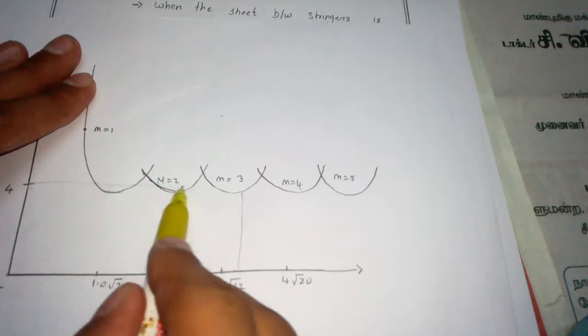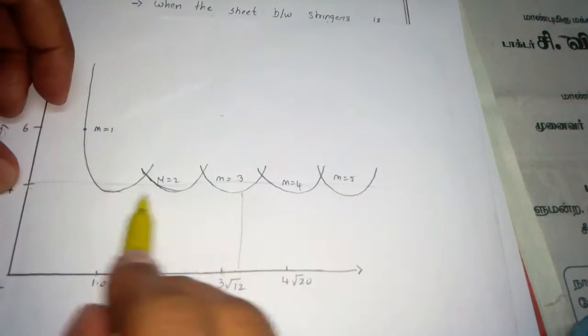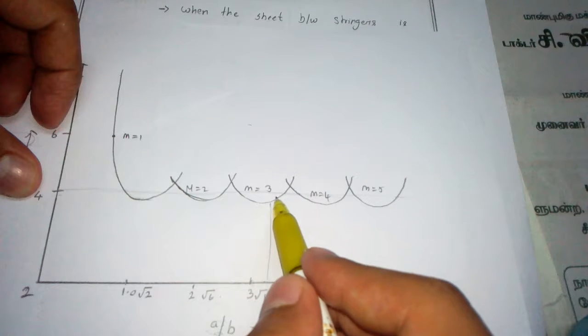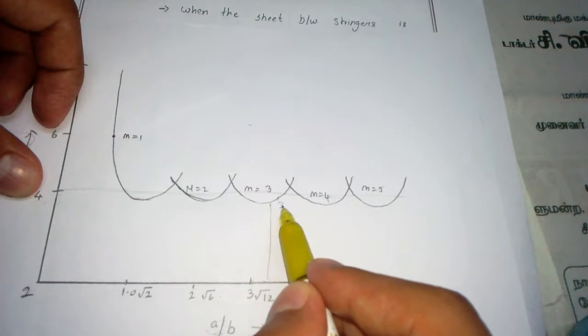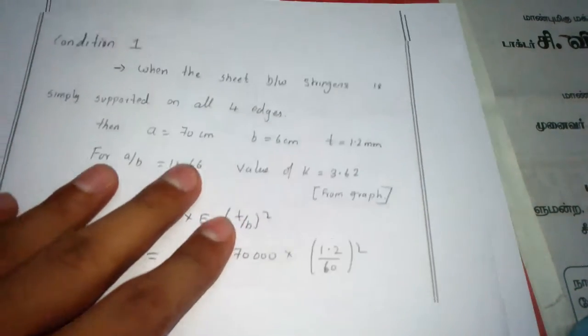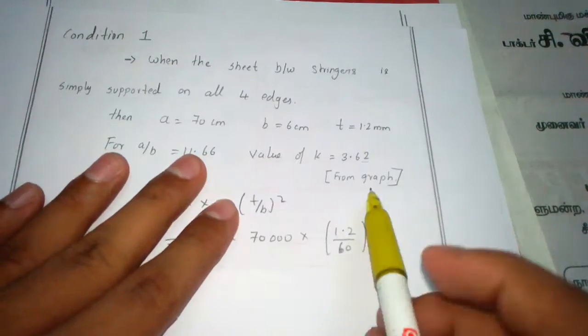This is the value 4. The K value will be around slightly here, so we can assume 3.6. K is equal to 3.62 from the graph.